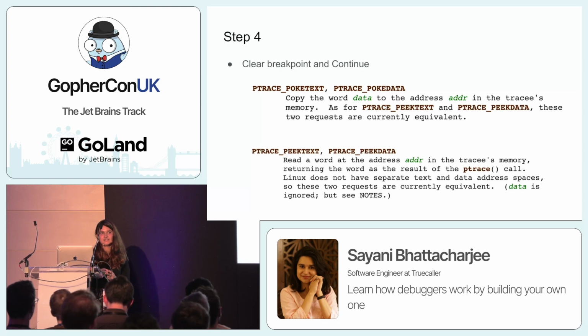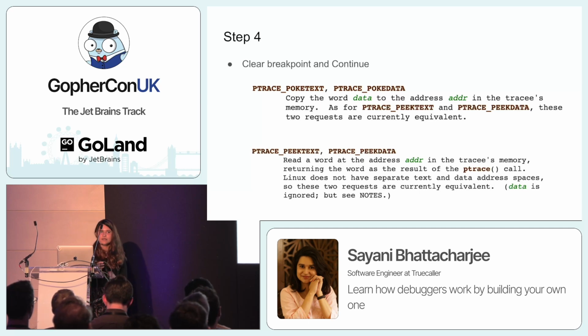Poke data modifies the first byte. Because when your process is executing, as soon as it reads hex CC, it's going to stop there. So for that, you will need to insert it in memory. That's how you insert a breakpoint.